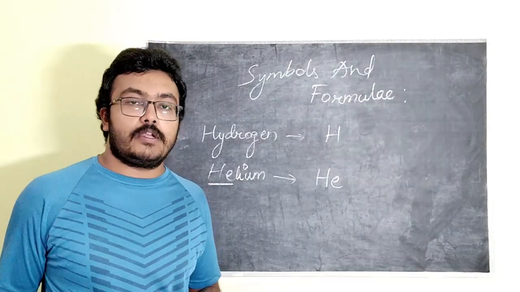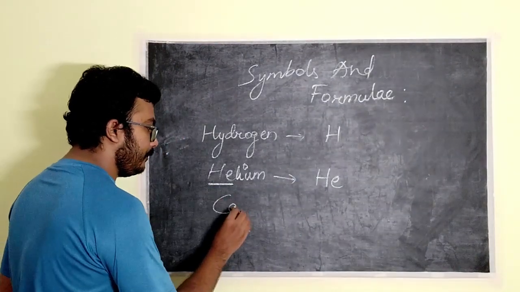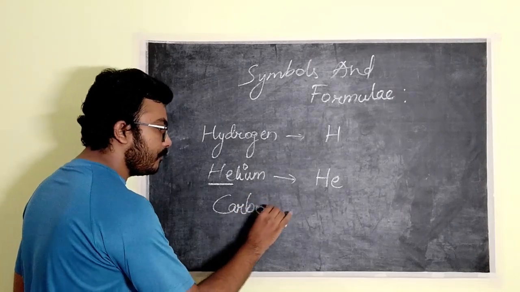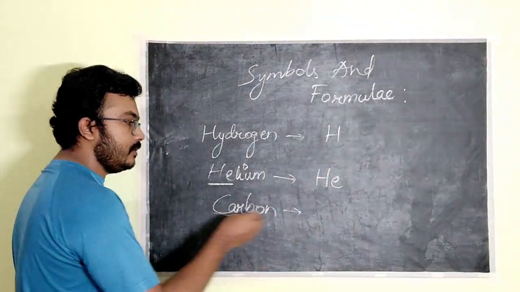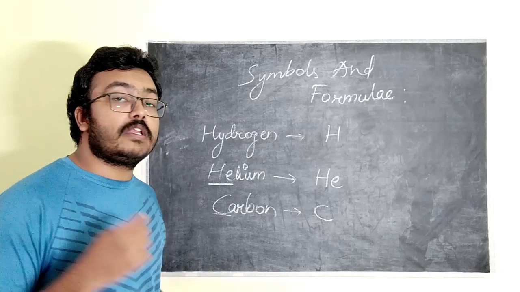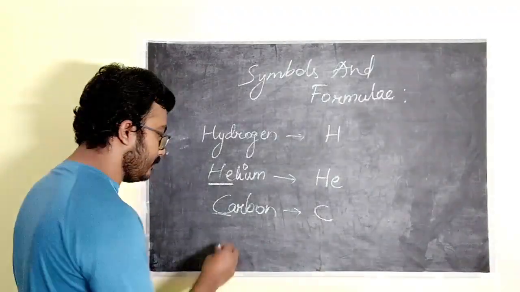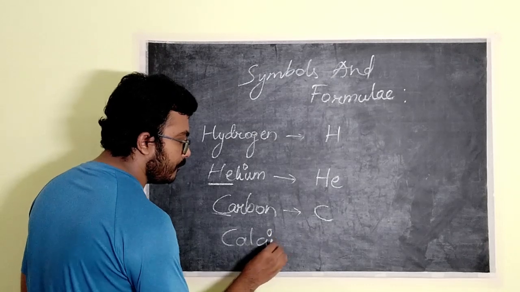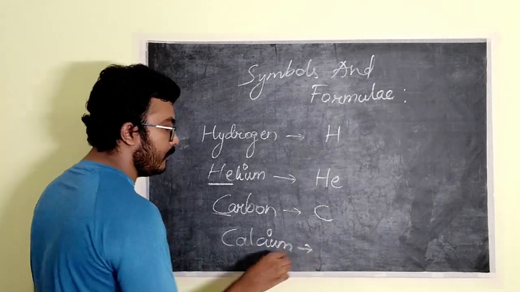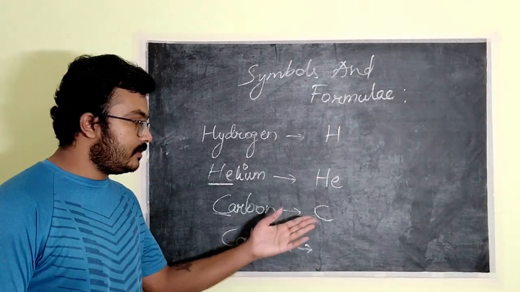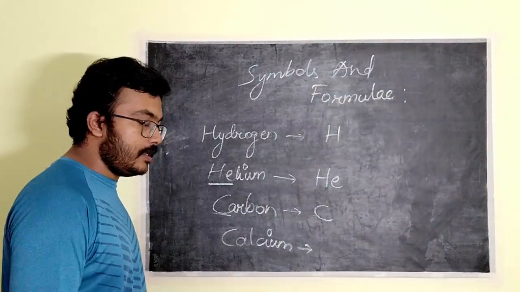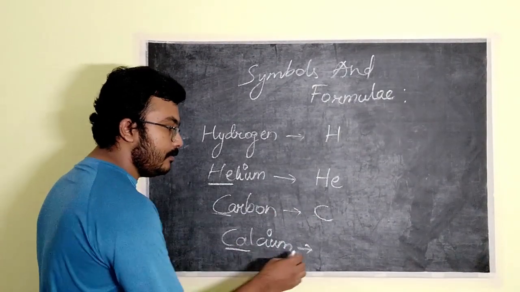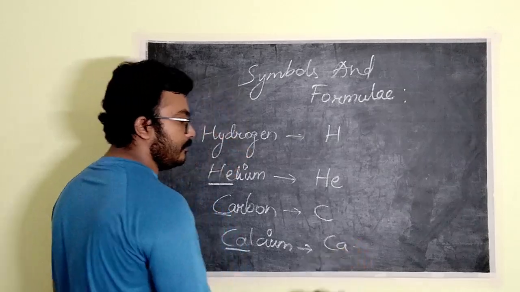Similarly, if you take a look, there are many such examples. If you take a look at carbon, the symbol is the first letter C. Similarly, when we look into the element calcium, since C is already been taken by carbon, Ca was the symbol given for calcium.